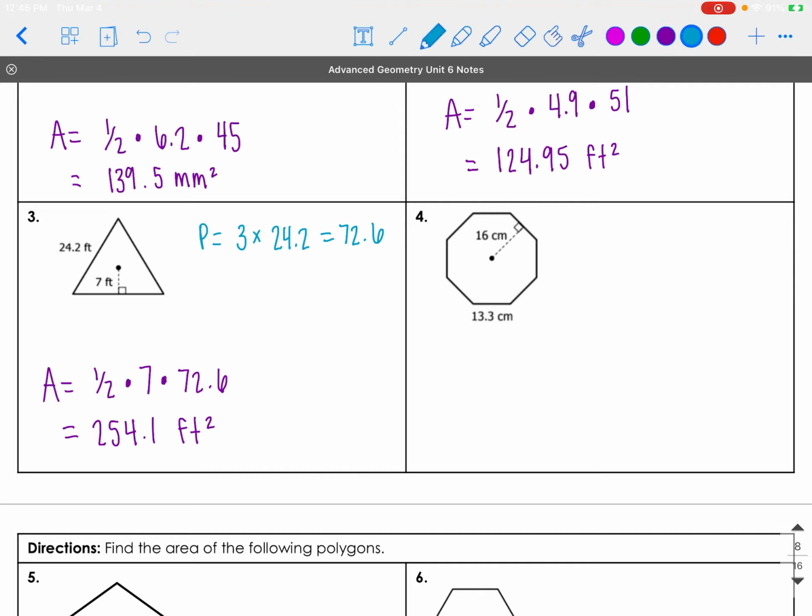Number 4. Let's find the perimeter first. This one is, let's see, 1, 2, 3, 4, 5, 6, 7, 8 sides. So it's an octagon. 8 times 13.3 is 106.4.